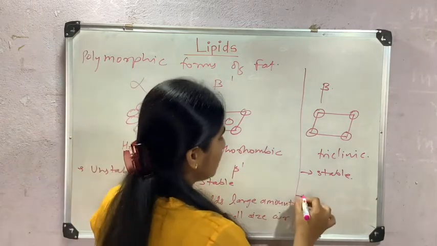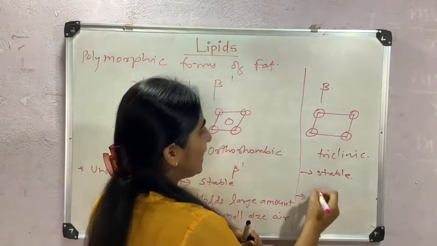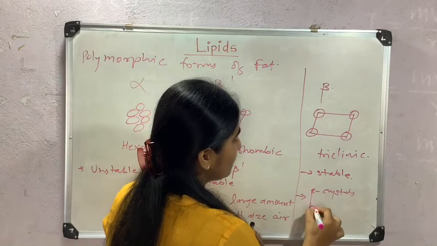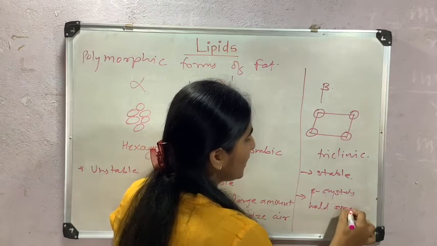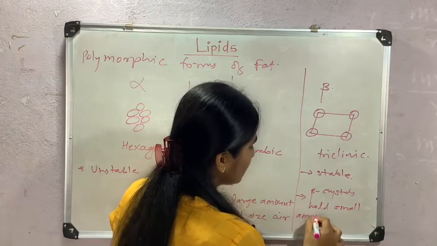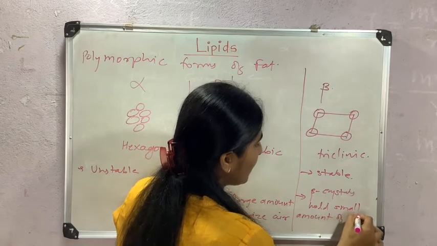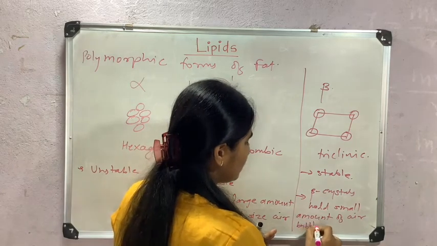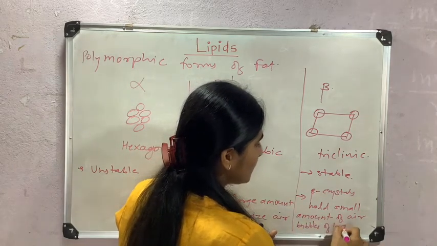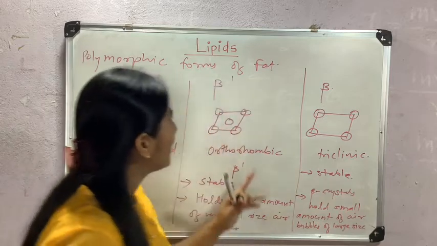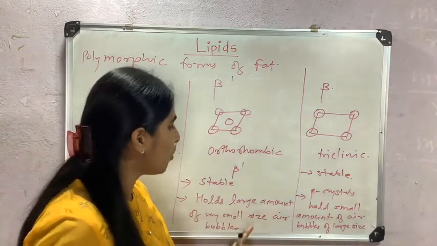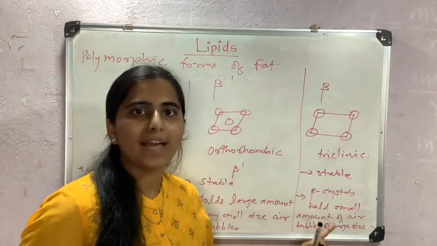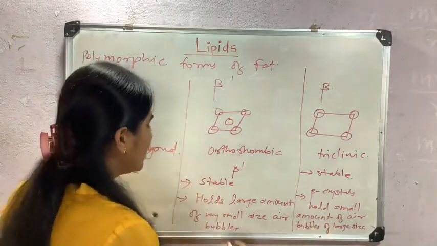And opposite to this, beta crystals hold a very small amount of large size air bubbles. Beta dash holds a large amount of small size air bubbles, and beta crystal holds a small amount of large size air bubbles.